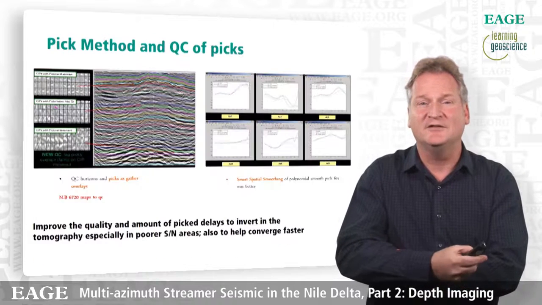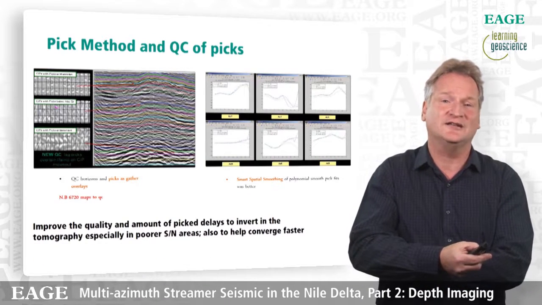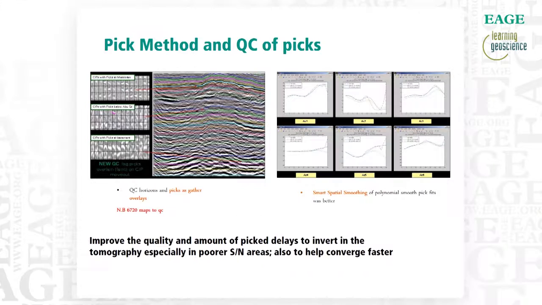Now, this next slide is quite complicated, but it shows the QC that you have to do to make sure that what you're picking is actually the event that you want to pick. All the way on the left-hand side, we see the gathers for 3 individual surfaces. In the stack in the middle, where you see all the surfaces, you can see how densely we sample the section.